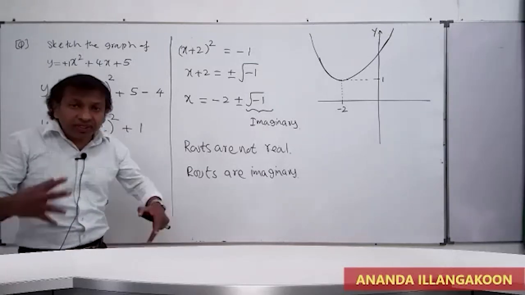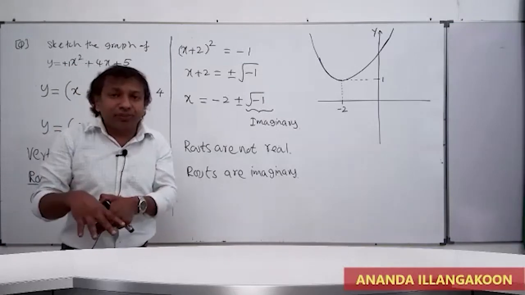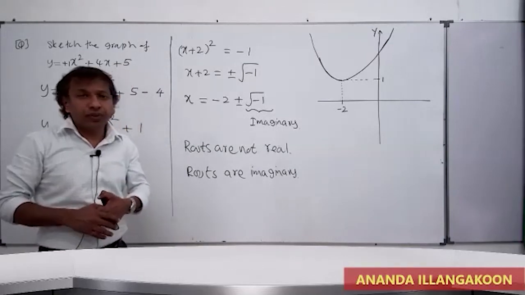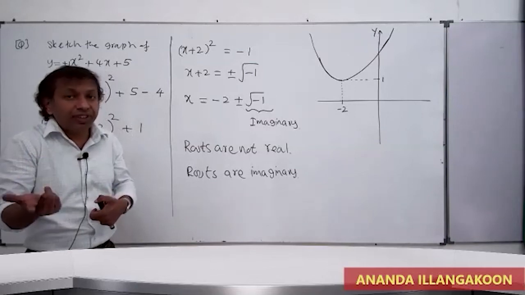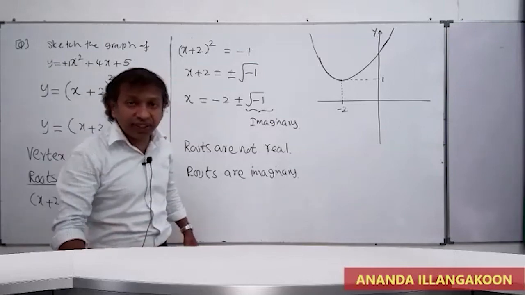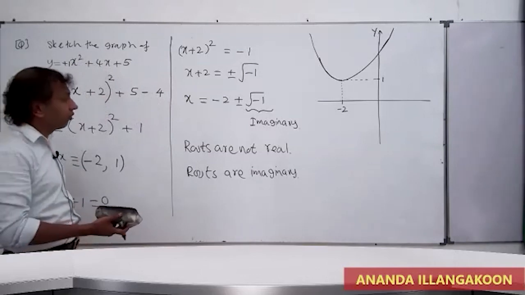Right now, people, these three situations, two distinct real roots, coincident roots, and imaginary roots: how do we explain them by using maximum graphs? For a maximum graph, we can illustrate these three cases by drawing the graphs like this.